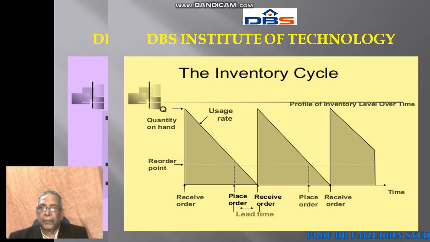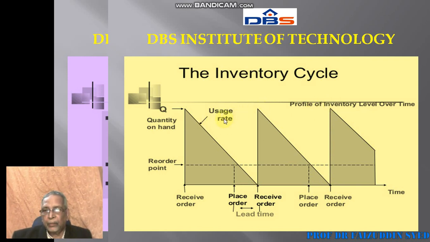Now we will see the inventory cycle, in a diagram here. In this diagram, there are three triangles. The bottom line is called the timeline, and each triangle has a y-axis line. This y-axis line is the quantity of order.